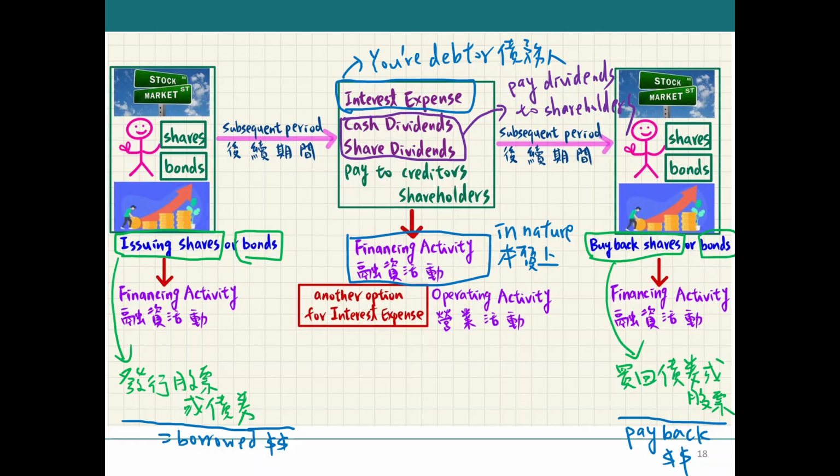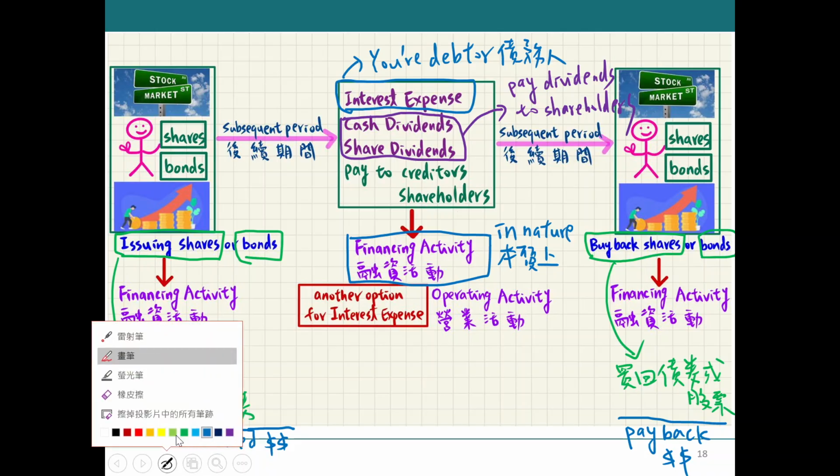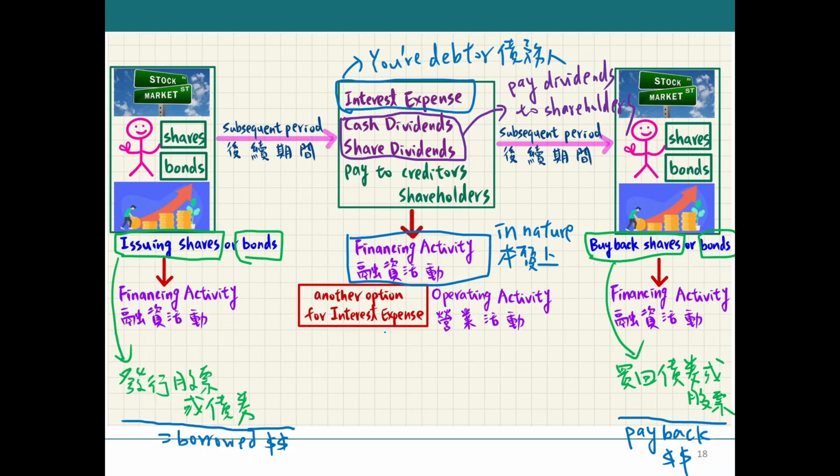For dividends, we don't give you another option. Why? Did you find out? Another option only for interest expense. You could put it into operating. So what does it mean? Dividends, you cannot give it another option. Why?